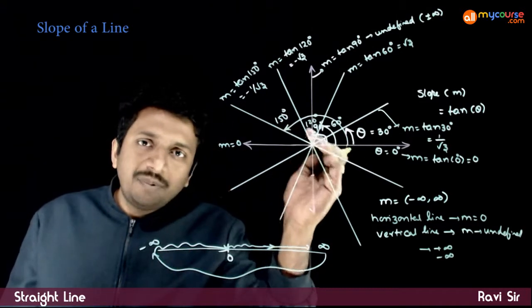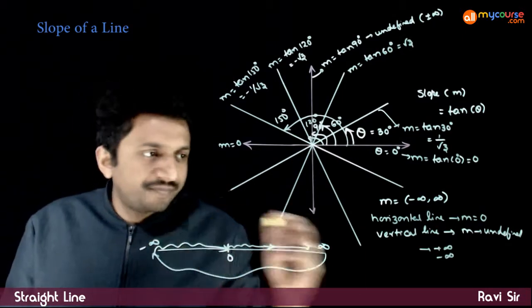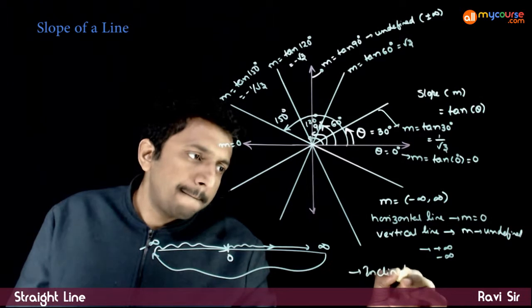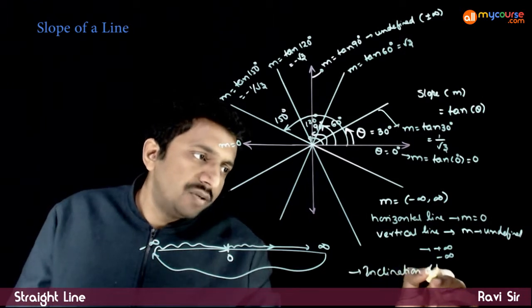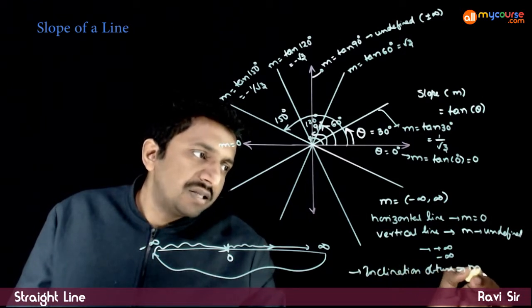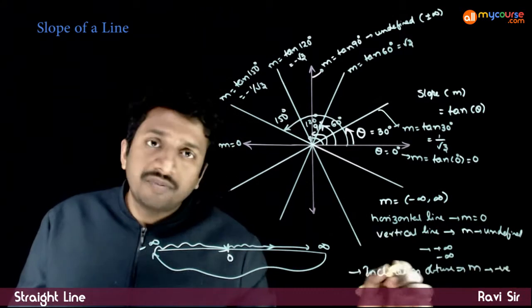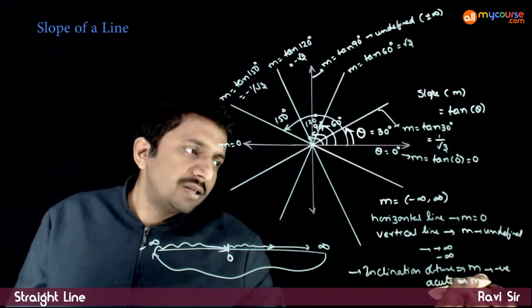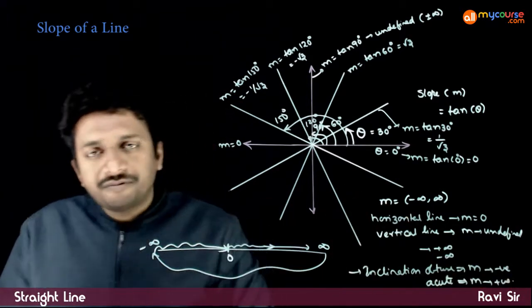And if the angle is obtuse, the slope is negative. Inclination obtuse implies slope is negative, and inclination acute implies slope is positive.